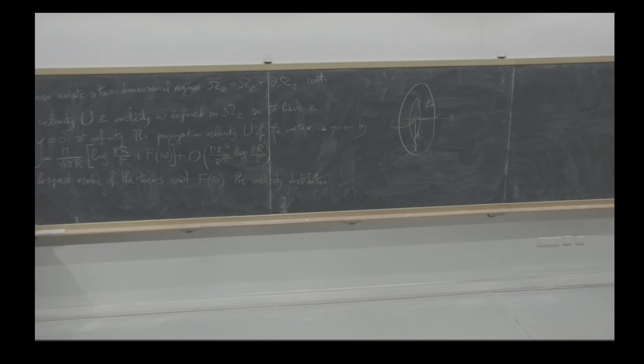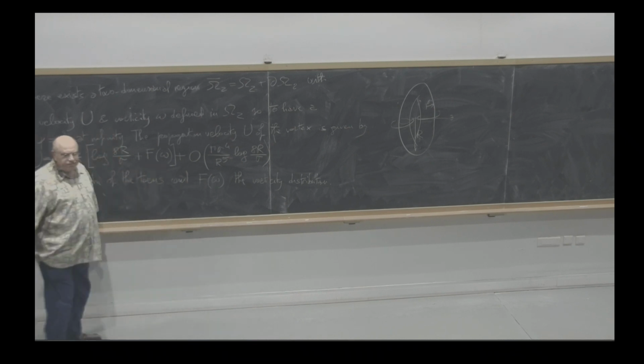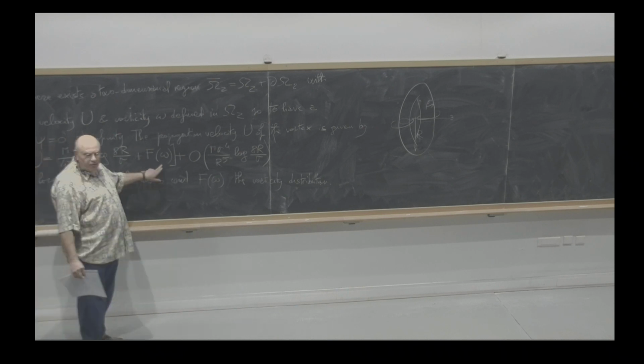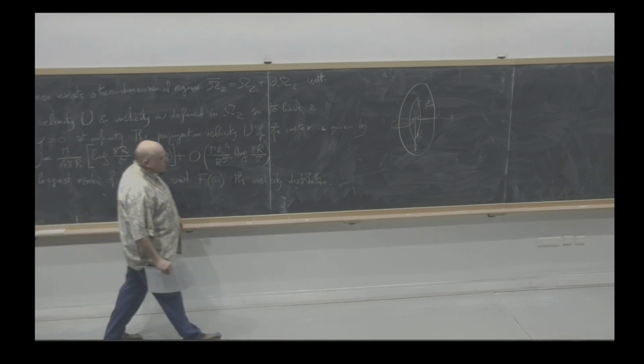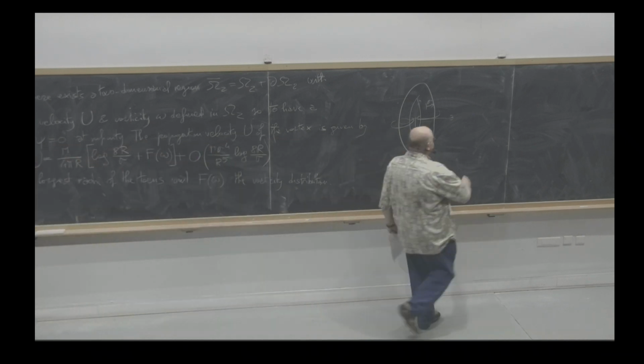So this f of omega, remember, before in Kelvin we had minus a fourth, then 1, etc. So these changes are due to the fact that it depends on the vorticity distribution on the cross-section.